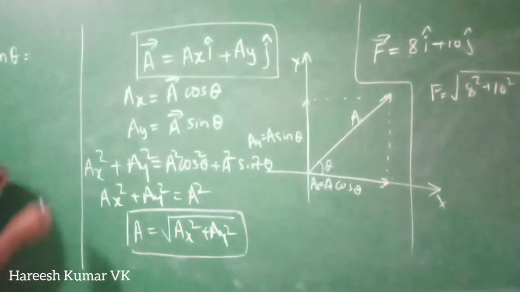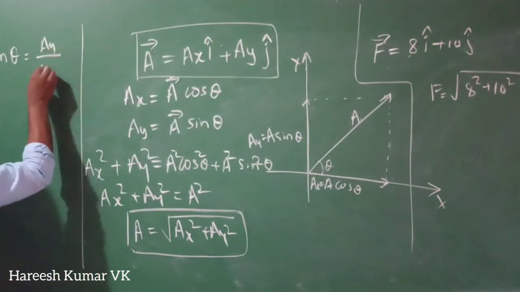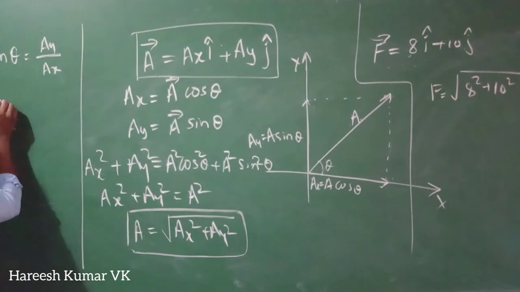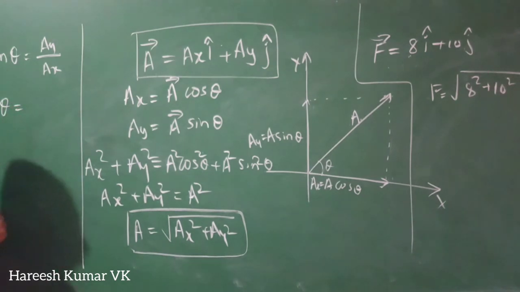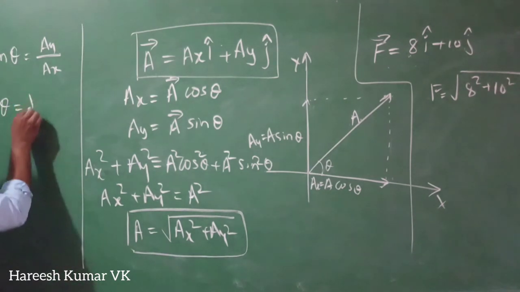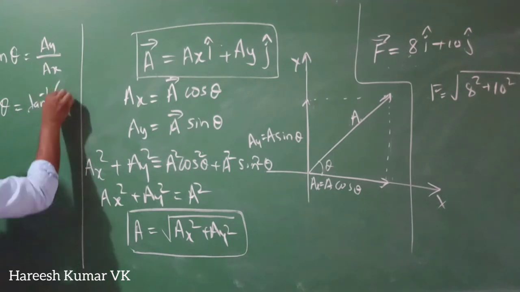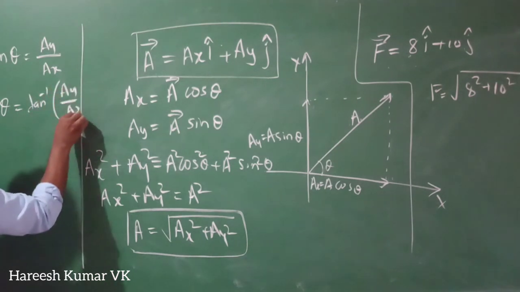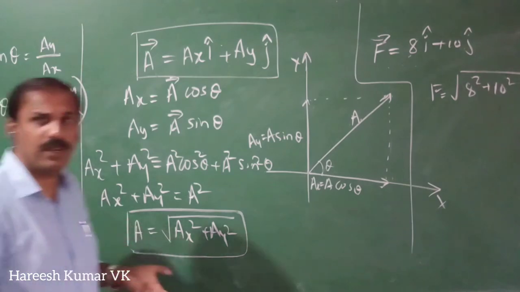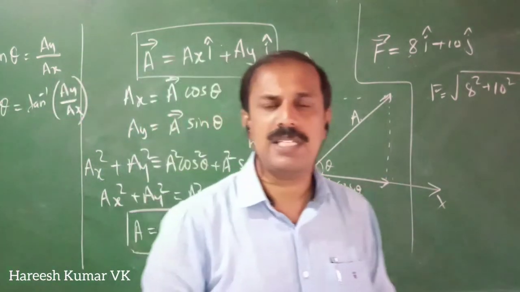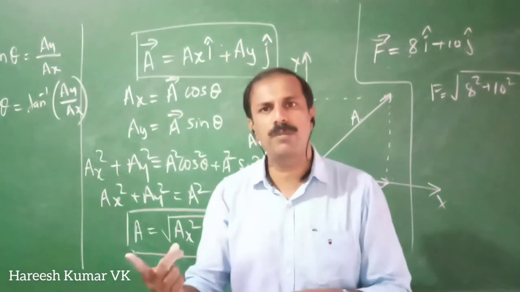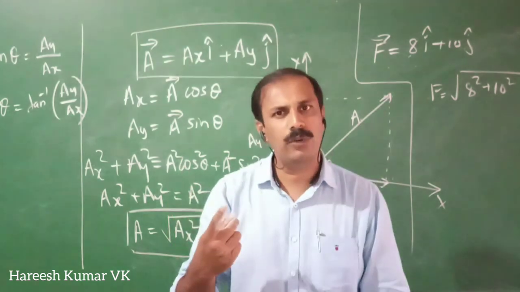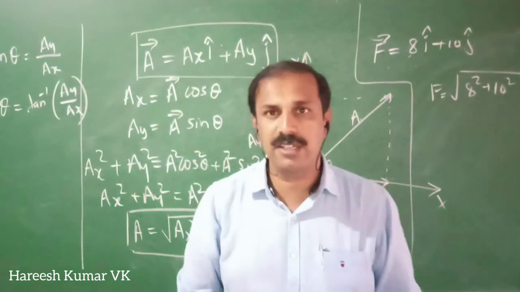So tan theta will be AY by AX. So if you want to get theta, theta is given by tan inverse of AY by AX. What is the meaning of tan inverse? Here take the opposite. That is, tan 45 is equal to 1 means tan inverse of 1 is 45. You are taking the opposite. That's called tan inverse.